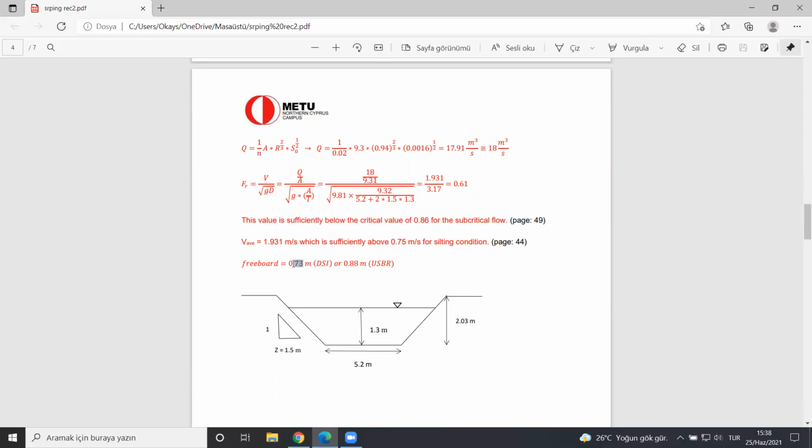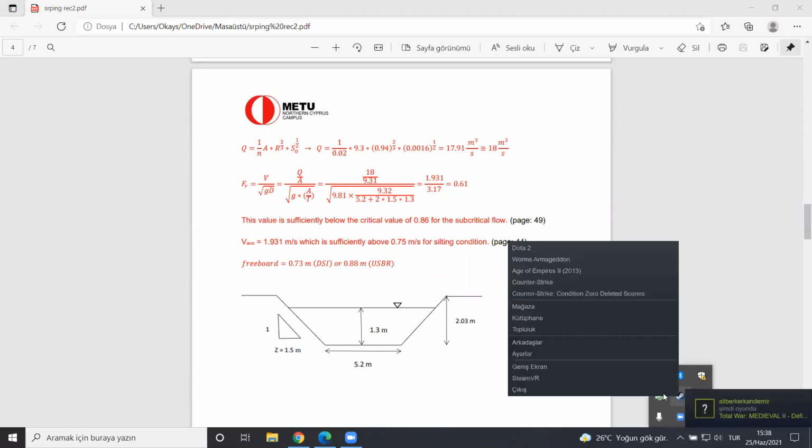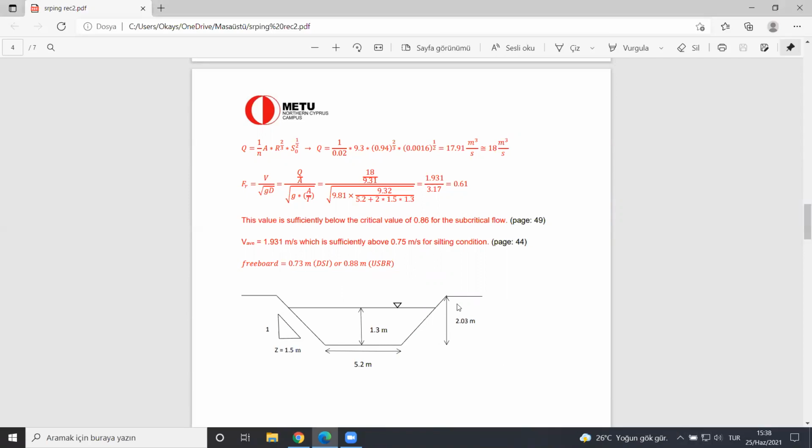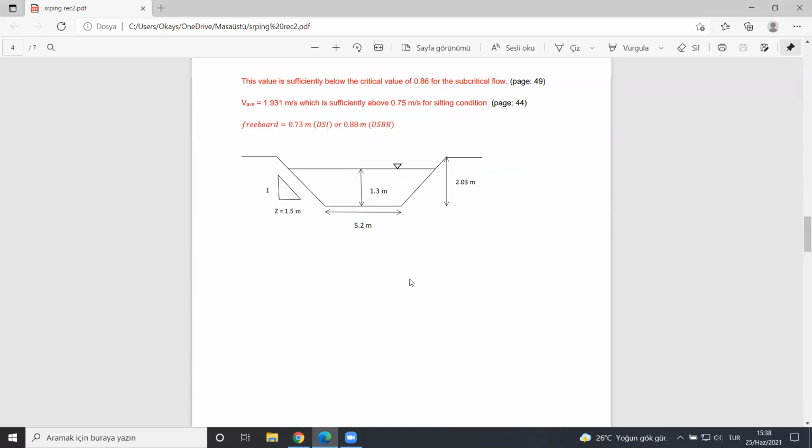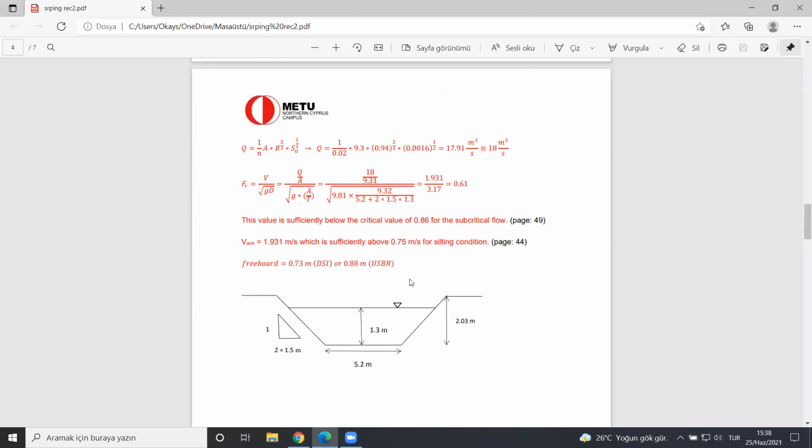I took 0.73 meters, and if you add this 0.73 to this 1.3, at the end, you will get 2.3 meters, and this will be our dimensions. This is the end of question 2. Now I'll give a break and then continue with the third question.